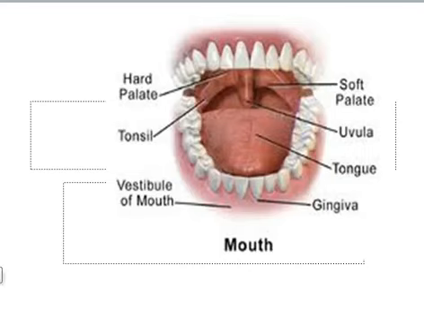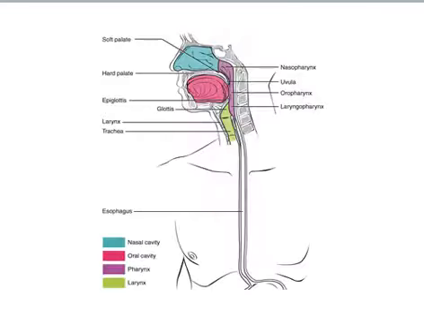The second principal part of the digestive system is the pharynx. This is the violet color. This is a funnel-like tube, and it is divided into three regions.